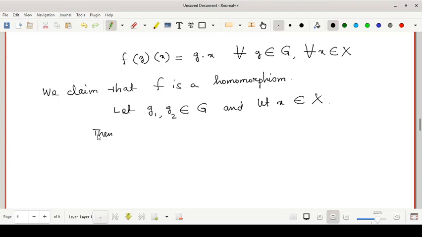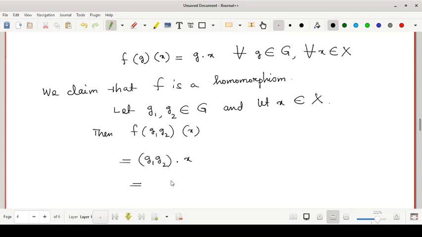But all these are permutations. So I have to show that these two agree on every point of X. What is F of g1 g2 of x? By definition, this is g1 g2 acting on x.